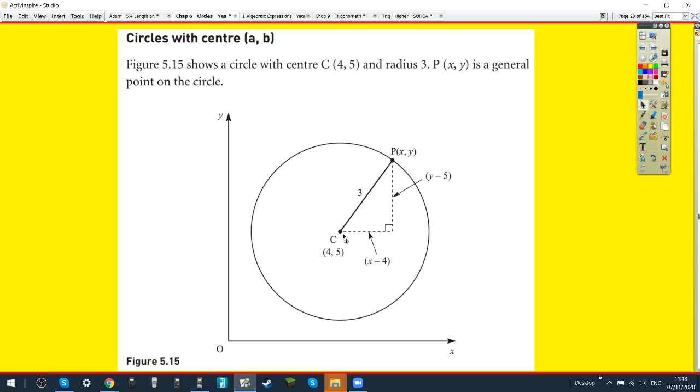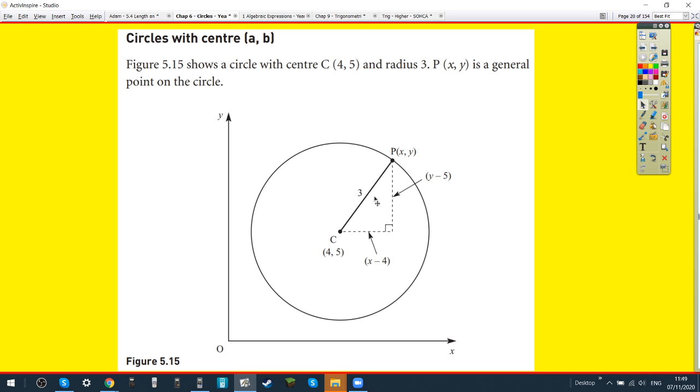It has a center of 4, 5, and so the length at the bottom will be x take away 4, whatever number x is. The height of this point P will be y take away 5 because it starts at 5 up.